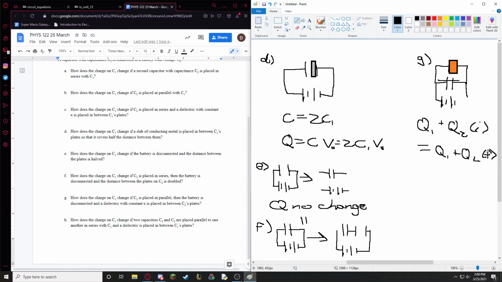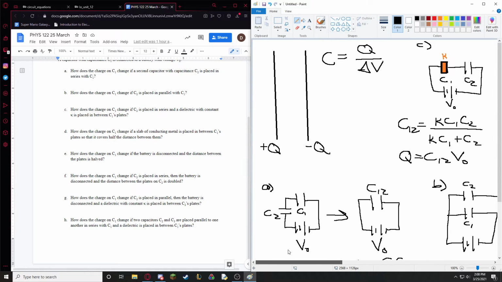And because we place the dielectric in C2, the capacitance of C2 increases, right? So the capacitance increases, and because the voltage is going to stay constant, we know the charge on C2, remember how capacitance is equal to charge over delta V?